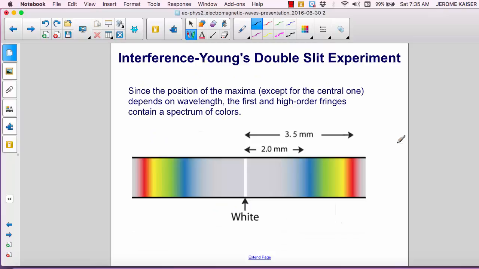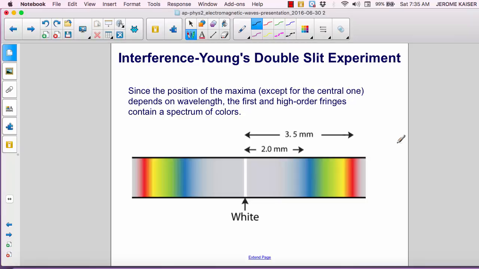Now, when Young did his double slit experiment, it was done with monochromatic light. An interesting question is, what would happen if instead of monochromatic light, we used white light? Well, as it turns out, with white light, all of the waves are going to be in phase at the central maximum, so they will constructively interfere.